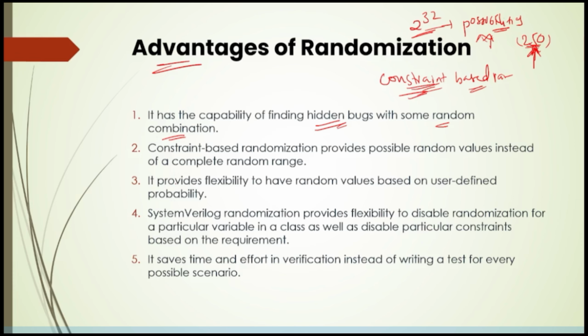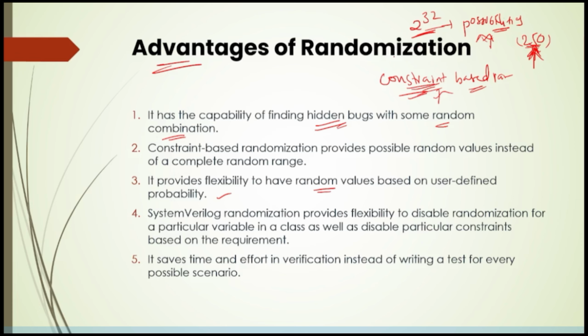Okay, it provides flexibility to have random values based on user defined probability. That means by using constraints, based on my probability and my possibilities, you will be generating the random values. SystemVerilog randomization also provides the flexibility to disable randomization. Why is it? In Verilog you don't have this option; when you are doing randomization, there is no way to avoid it.